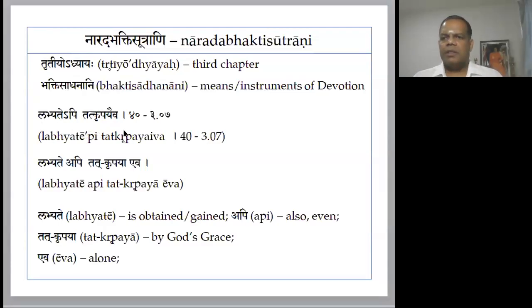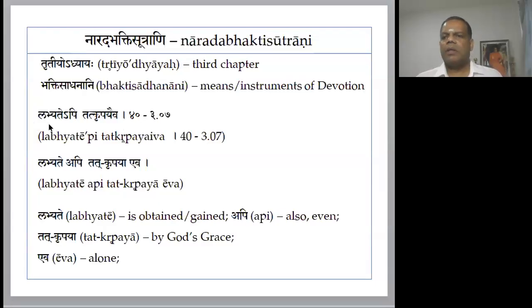So even the means which we have looked at in the past. First let's look at the pronunciation aspect of the sutra. Labhyate. Lab, this bh is the fourth consonant in the pa varga or class of consonants, which has to be aspirated.